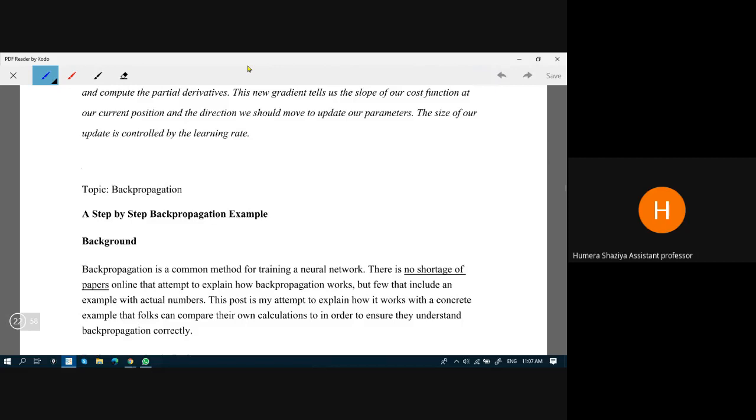You have a feed forward neural network, where you have nodes and nodes are connected.